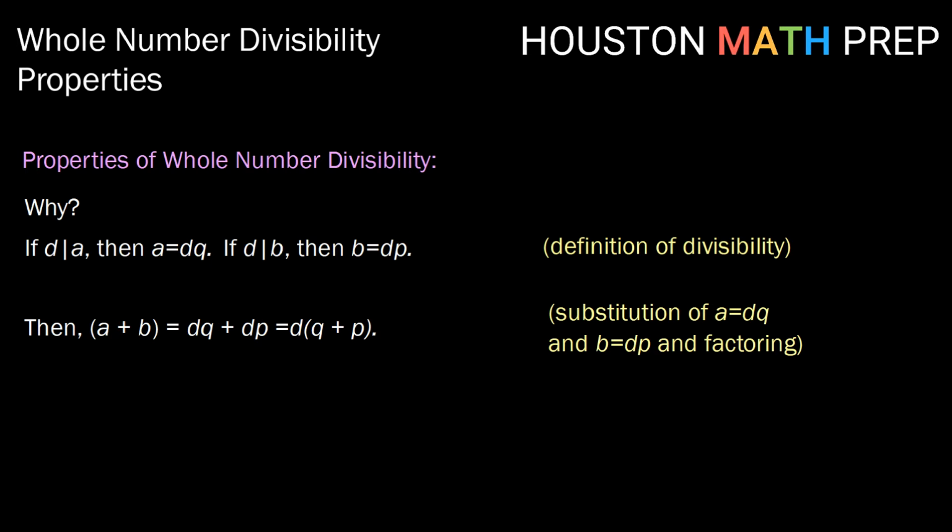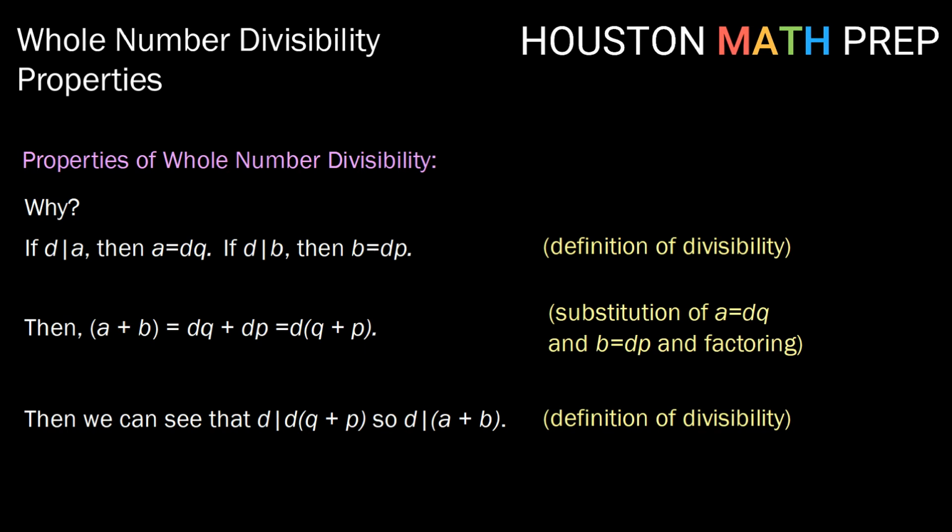If we change out a plus b for dq plus dp, as above, right? a is dq, b is dp, then we can see that we can factor out our common factor of d, and a plus b can be written as d times q plus p. Well, then we can see that d divides d times q plus p, so therefore d divides a plus b. So if d divides two separate numbers a and b, then d divides their sum also.